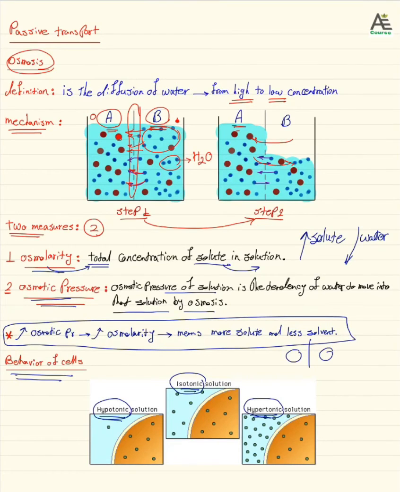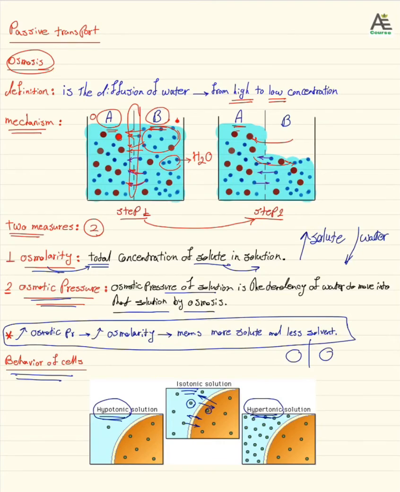In isotonic solution, as you see here, concentration of solutes in both media is equal. So there is no net osmosis. Osmosis happens, but the net flow of it is zero. The amount that goes inside and comes outside of the cell will be equal, so the net flow is zero. But it happens.